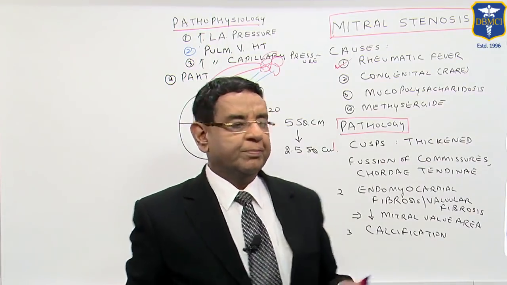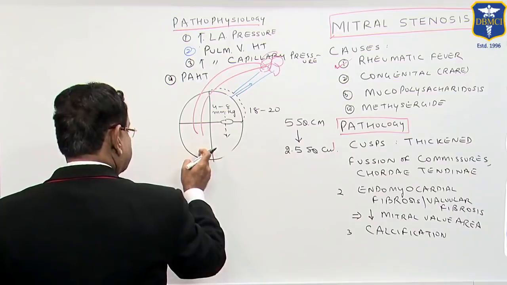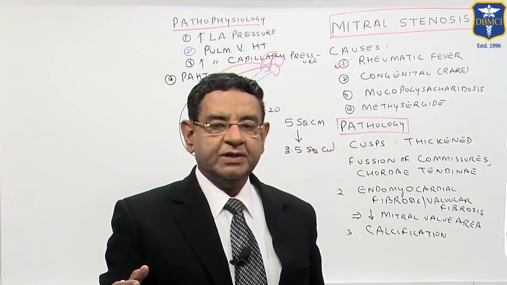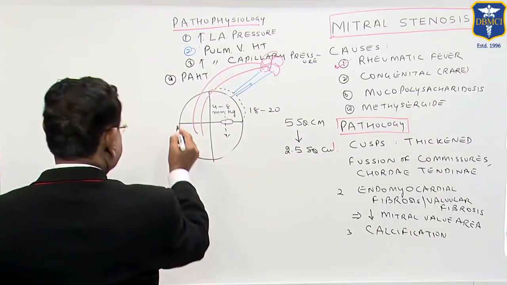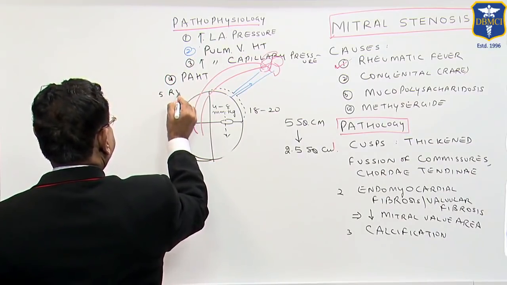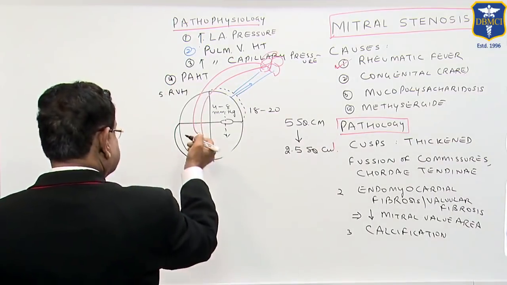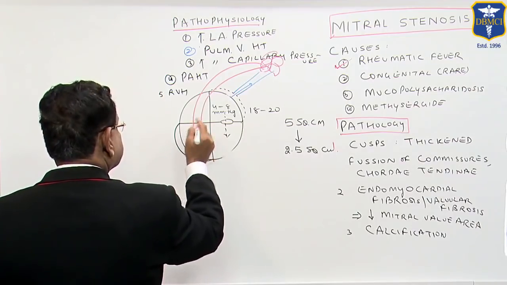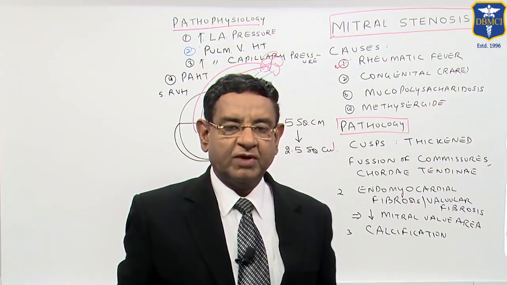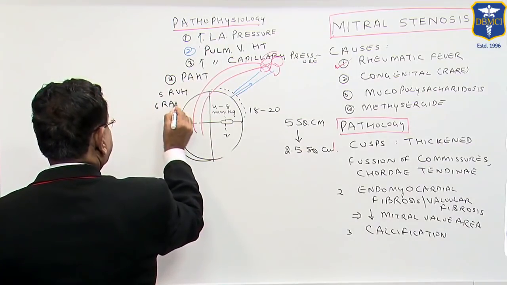So all due to back pressure, right? So now the right ventricle has to exert a great pressure. That leads to right ventricular hypertrophy, and later on, as the RV pressure increases, even the RA has to exert more pressure to push the blood forward. So that leads to right atrial enlargement.